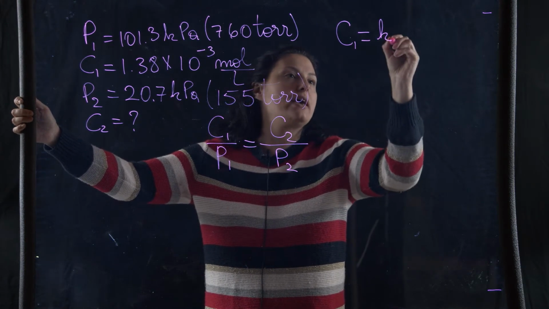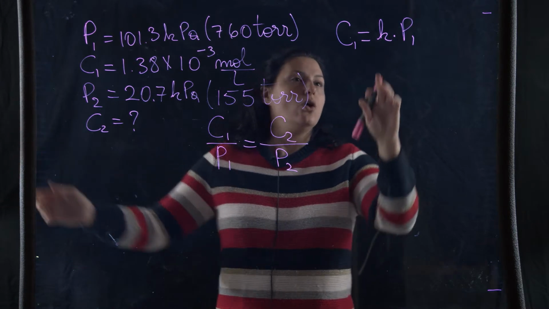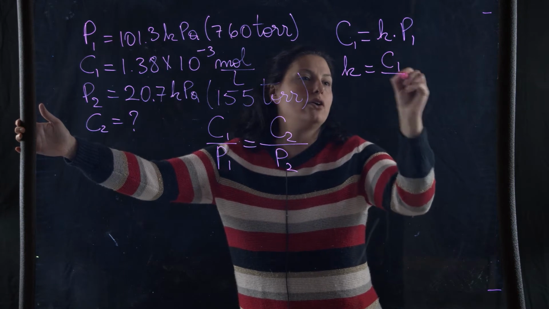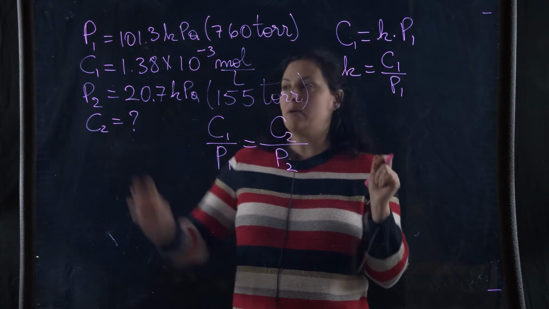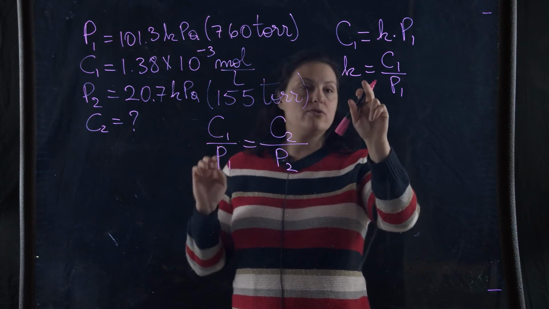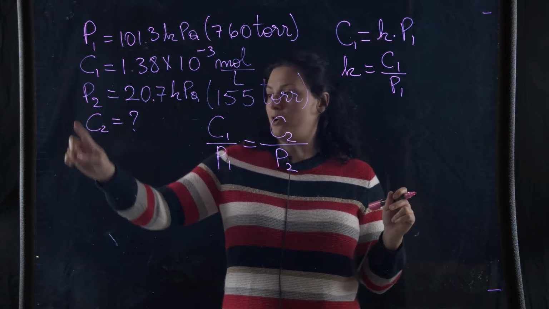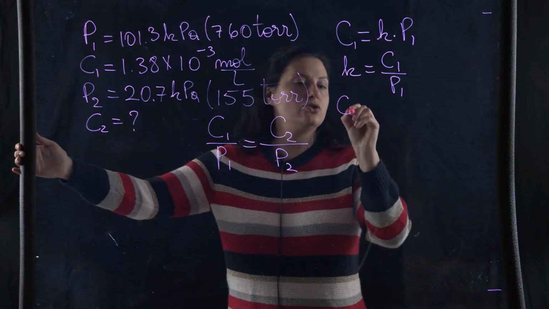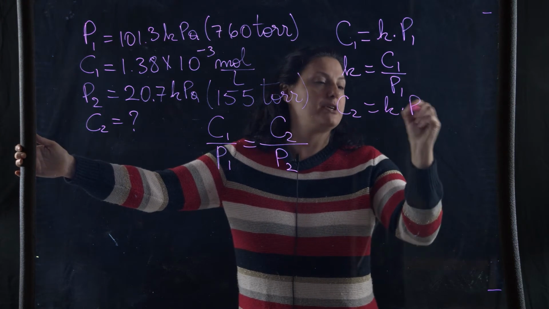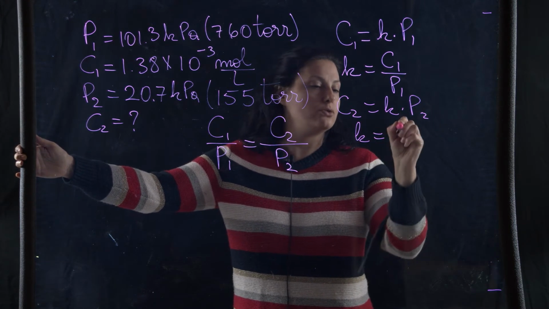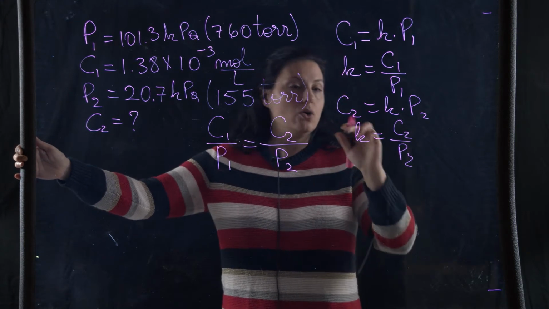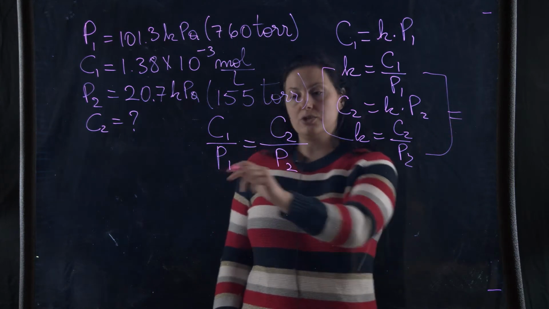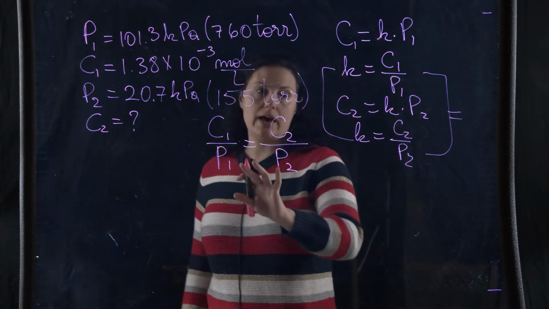C1 is equal to K times P1, where you can find K is equal to C1 over P1. And because K is the same for both of these, you can then use the same K you find here to set it up for the second set of conditions. Or you can combine basically C2 is equal to K times P2, and then K is equal to C2 over P2. Well, these K's are the same, so I can set these two equal to each other, which is what I've done here. So you can do it this way, or you can do it that way.